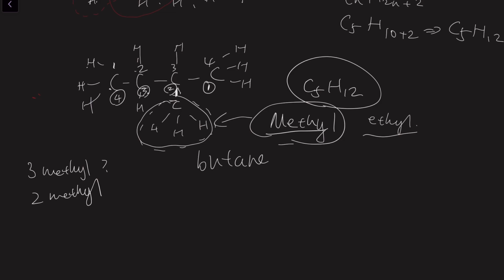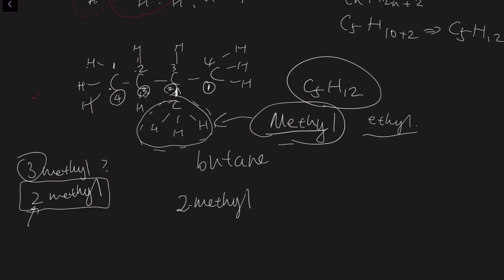And in fact, this 2-methyl naming is correct. We want to keep this number as low as possible, so we don't want to make this too big. And so it has the second position on the carbon chain, and it is a methyl group.